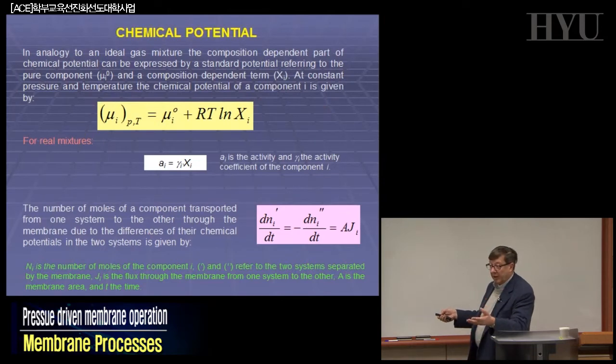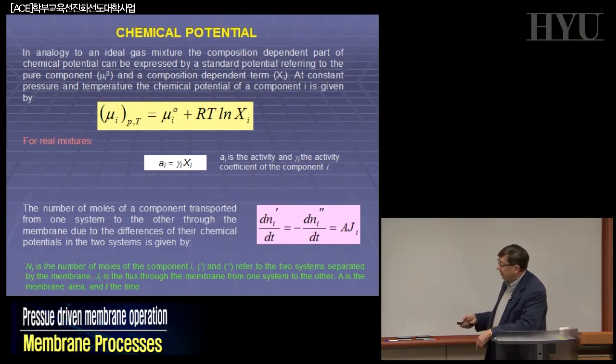That can be 1 atmosphere and 0 degrees centigrade, for example, plus RT log the composition of the system for the component i. Concentration is present here. Normally, instead of using the concentration or molar fraction, as normally is x, you have to use, if you want to be correct, the activity.